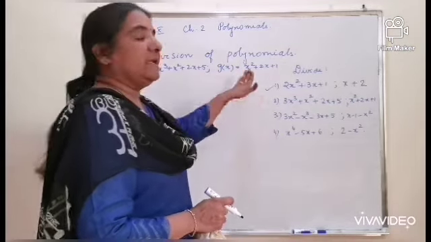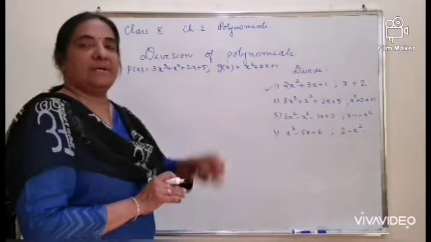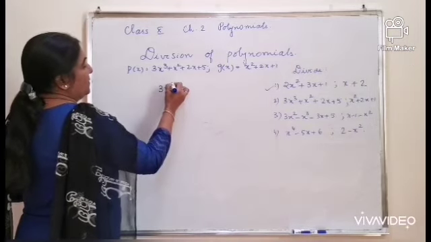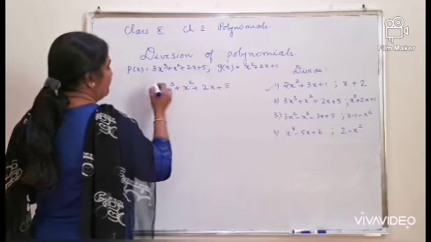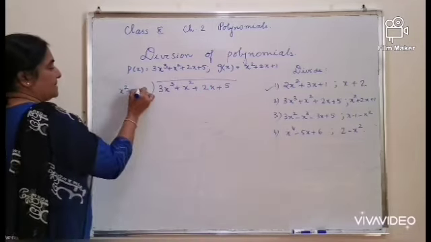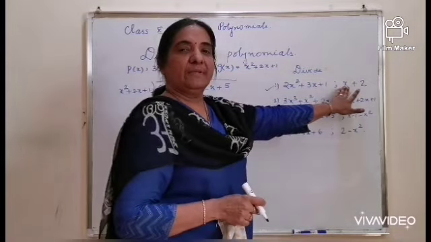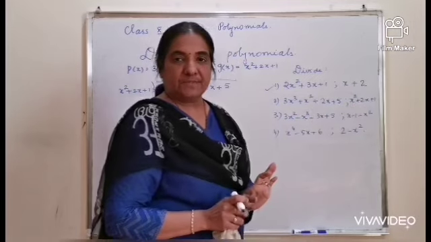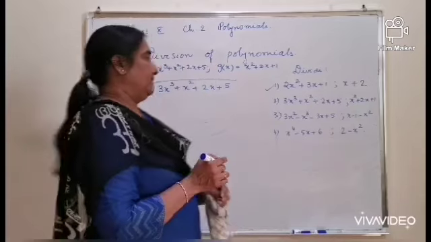The divisor may or may not have all the powers of the variable under consideration. So, 3x cubed plus x squared plus 2x plus 5 divided by x squared plus 2x plus 1. The difference from the previous problem is the divisor here has 3 terms. The method or procedure remains the same.